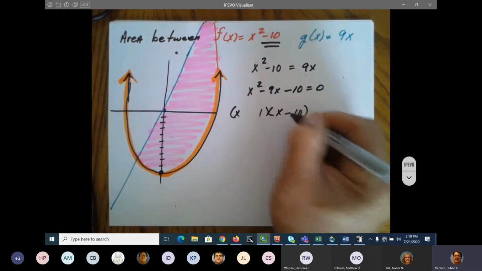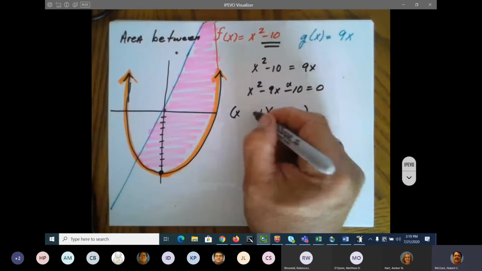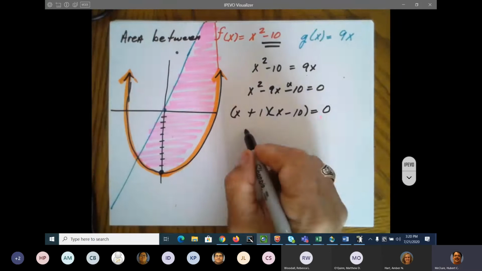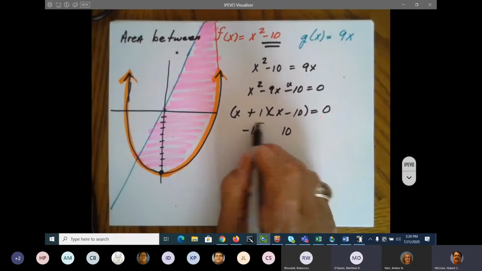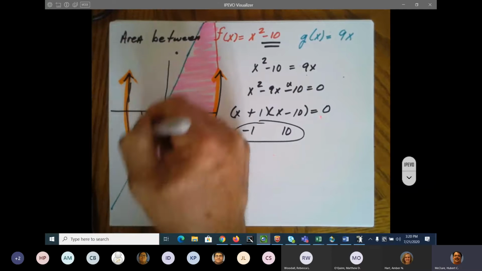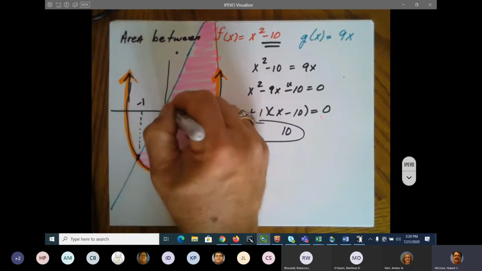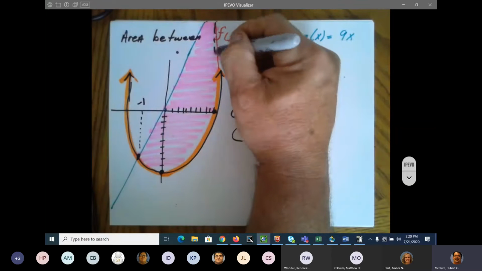So that means the 10 has to be negative because it's bigger. And -1 times 10. So -1. I told you I exaggerated. 1, 2, 3, 4, 5, 6, 7, 8, 9, 10. And that's going to be up there.